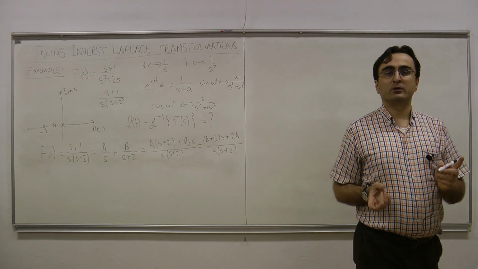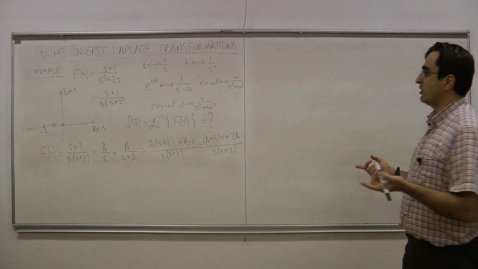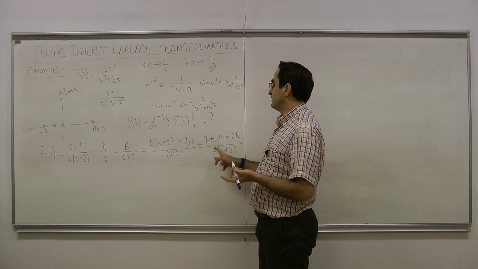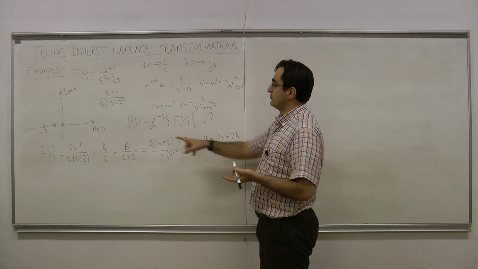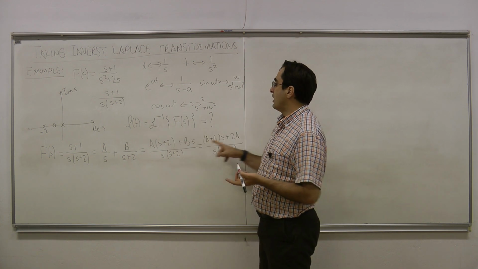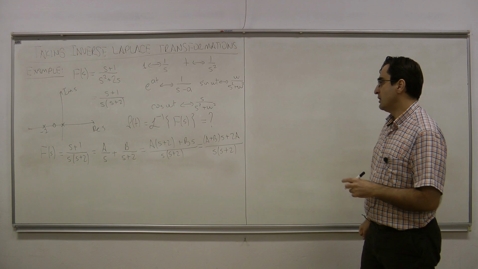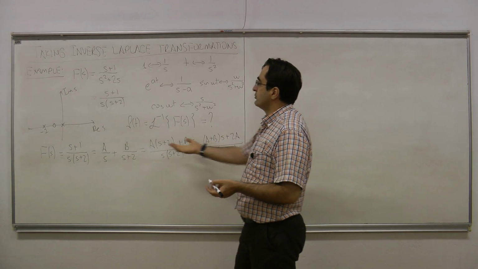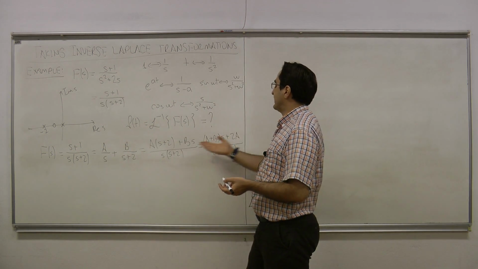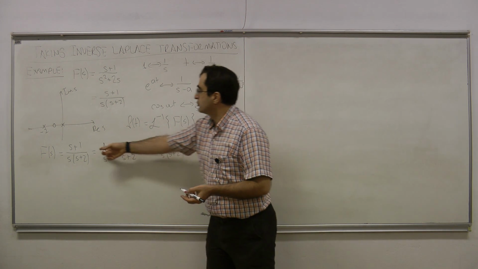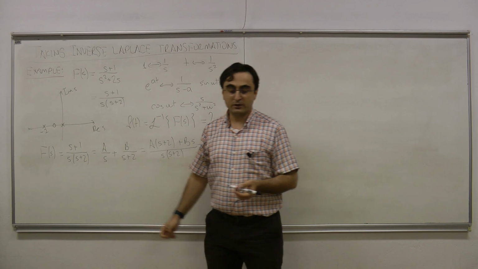Now what I have to do is to choose the unknown constants a and b such that the numerators of these two Laplace transforms are also equal, for all s values. And we see how to equate the numerators. I'm just going to be equating the coefficients of this polynomial to the coefficients of this polynomial here.